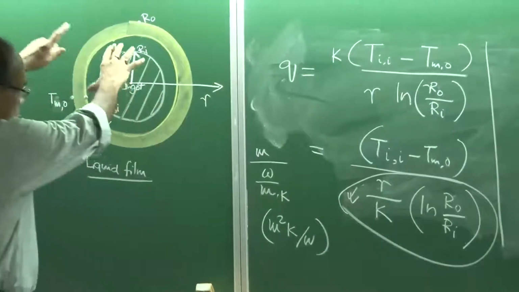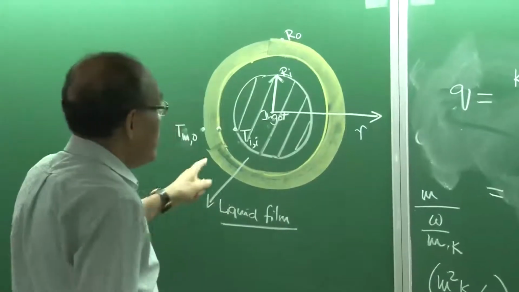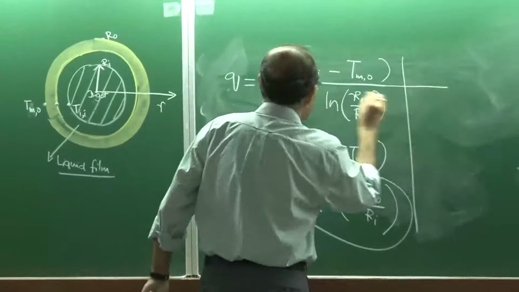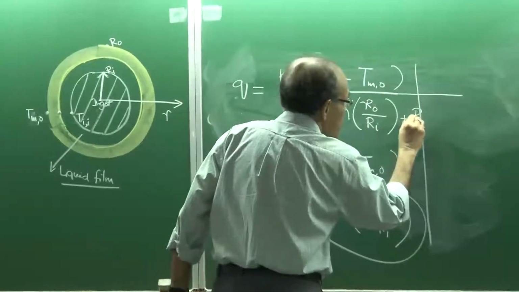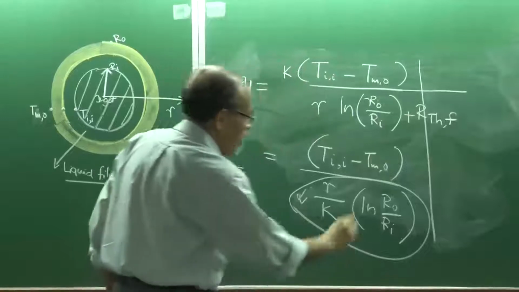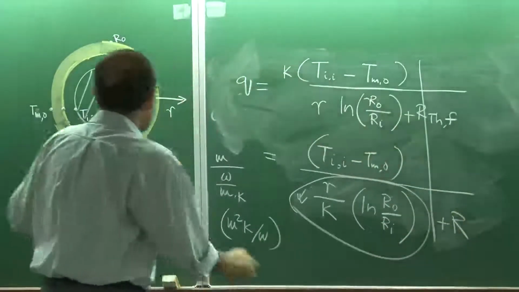So the principles of conduction heat transfer are being applied here, and this is not complete. The thermal resistance is because of the film also. So there are two thermal resistances.